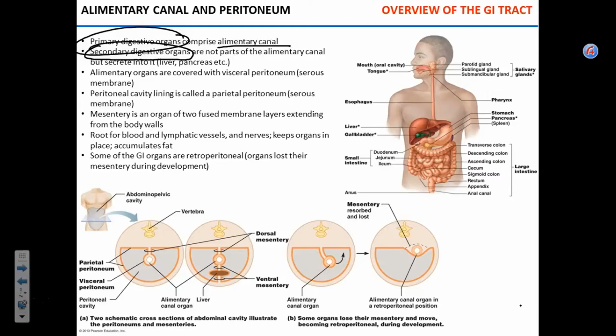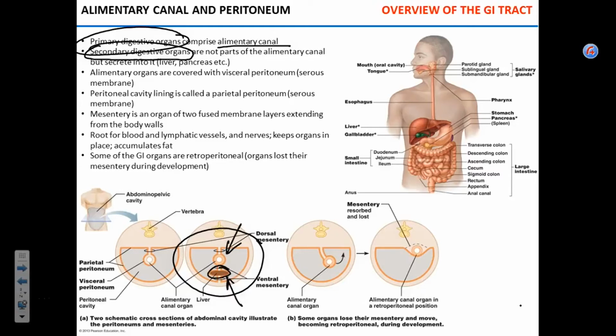Now, different parts of alimentary canal are covered with the visceral peritoneum, just telling you, okay? When during the development, some of the organs are covered with peritoneum, okay? Liver is covered by peritoneum.